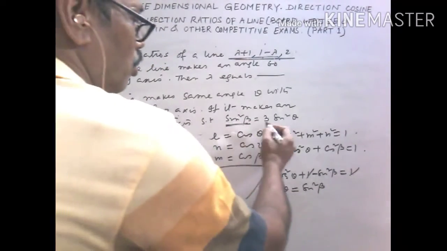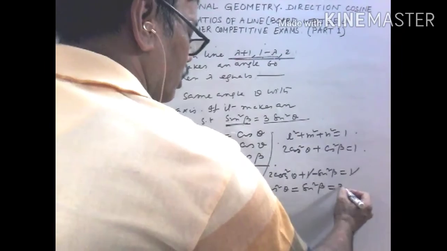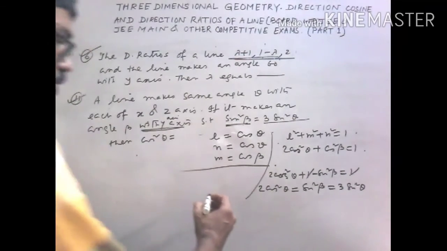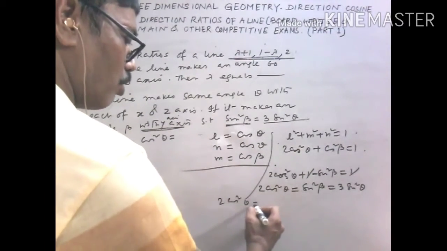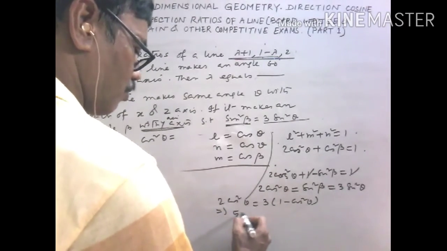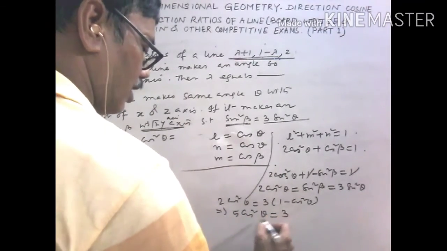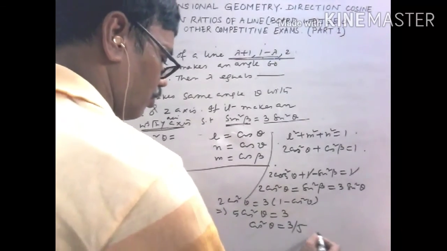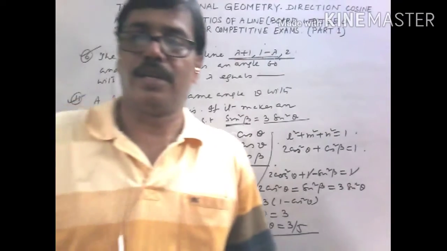And what is sin square beta? One more condition is given, this is 3 sin square theta. So finally, 2 cos square theta equals 3 into 1 minus cos square theta. So 5 cos square theta equals 3. So what is the value of cos square theta? Cos square theta equals 3 by 5.